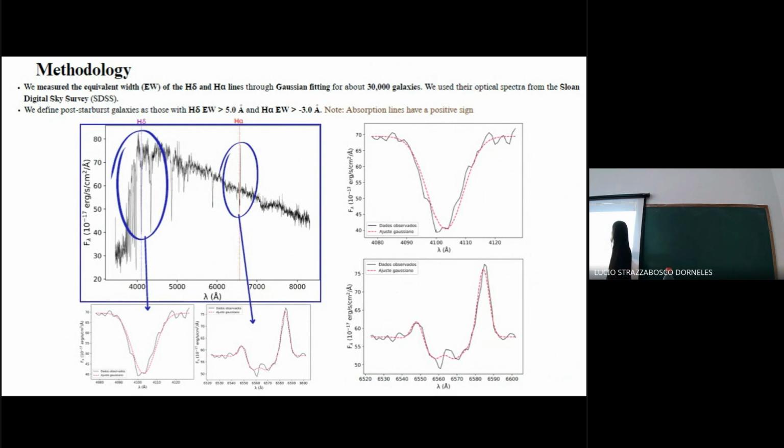We make this Gaussian fitting for about 30,000 galaxies. So we use their optical spectrum. Optical, here is the blue color, and here is the red color, the rainbow. This is the optical spectrum from the Sloan Digital Sky Survey, the survey that we use in our work.